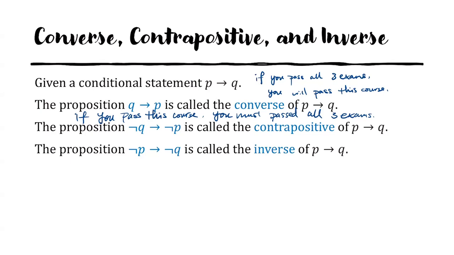If you did not pass this course, you did not pass all 3 exams. Okay, so which of these? So I see 3 answers so far. Let's vote here. Which of the 3 answers here are correct?